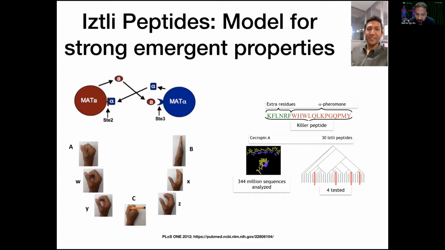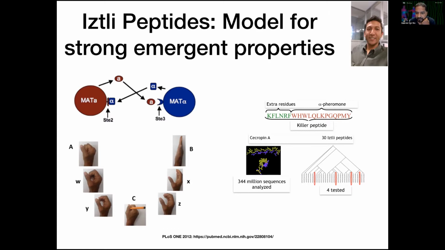Writing is not the sum of knocking on the door and saying hi with the hand. It's an emergent property. So we hypothesized that by combining two activities in a single peptide molecule, we should have emergent properties. So how did we do that?